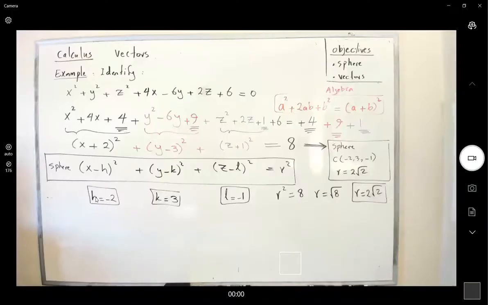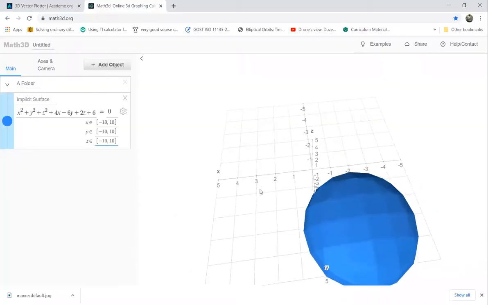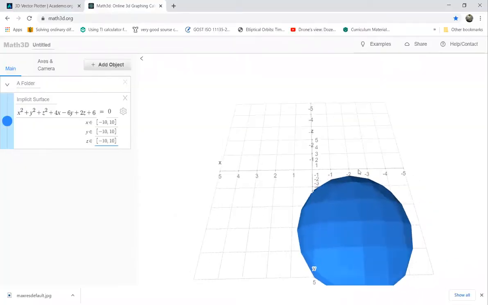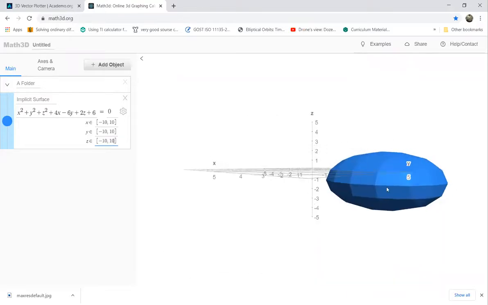Your x on the horizontal axis is negative, your y is positive, and your z is negative. So your x coordinate is on the negative part, your y coordinate is in the positive part, and z is negative. That's why you see a little bit of shift downward.